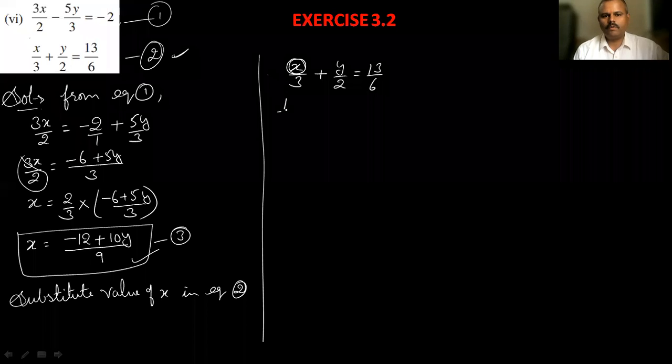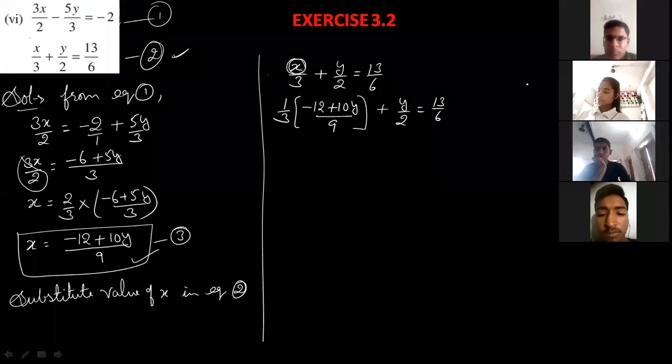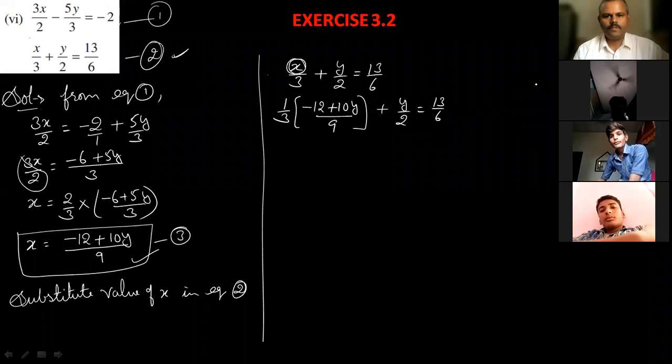How will it be written? 1 upon 3 multiplied by the value of x, which is (minus 12 plus 10y) upon 9, and plus y upon 2 equals 13 upon 6. So this is how it will be.